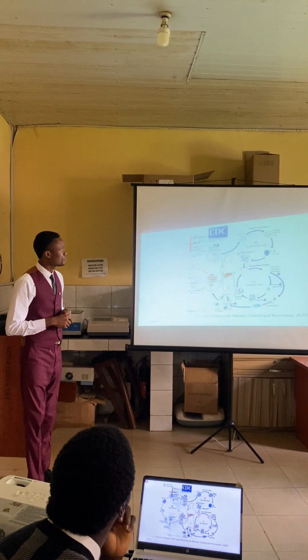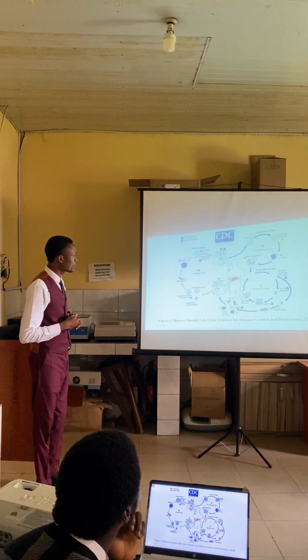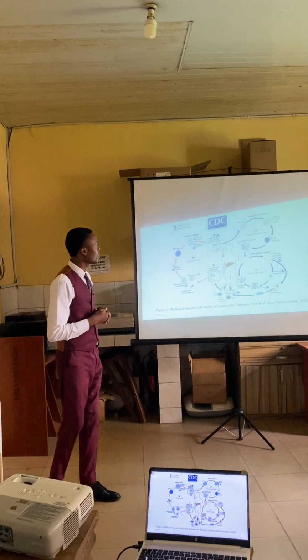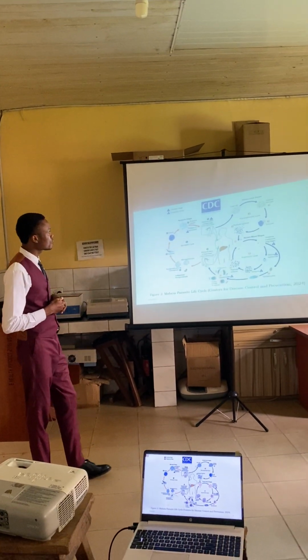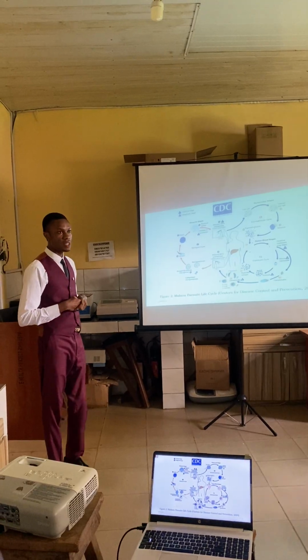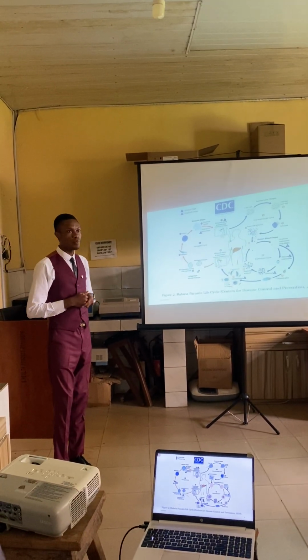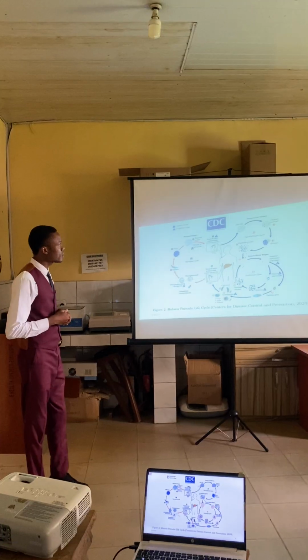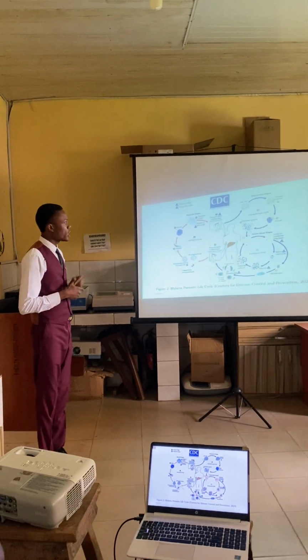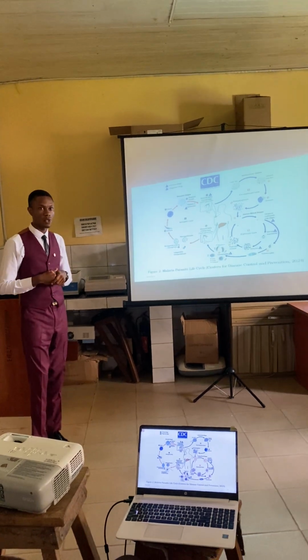The next slide. This figure 2 shows the life cycle of Plasmodium. We can see how it is transmitted from the female Anopheles mosquito. When it comes to take its blood meal, it inoculates the sporozoite, which is the infective stage of this Plasmodium, into the bloodstream of the susceptible host.